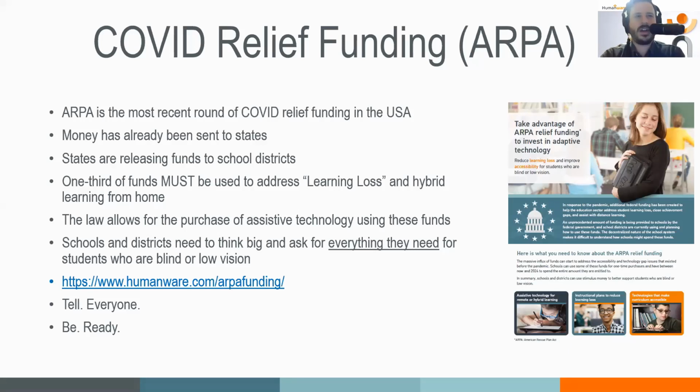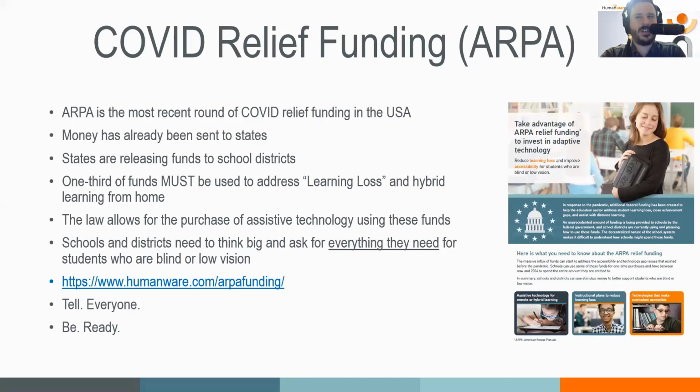No, you've got it, Andy. We put this slide up because for those of you who are in education, you are able to take advantage of the ARPA funding, which is part of the latest government stimulus plan to get the economy back on track. A lot of this funding is designated for loss of learning.